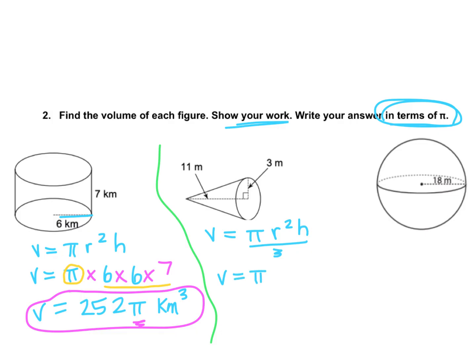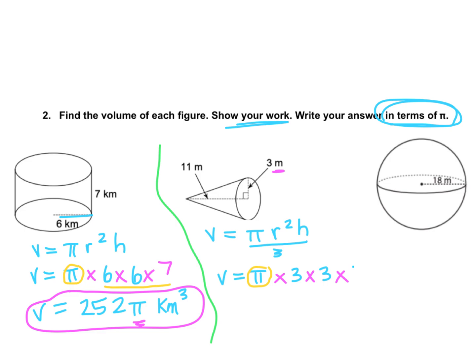Again, it's in terms of pi, so do not calculate your pi. Let's look at our shape here. Our radius is 3. And remember, you need 2 of those because it's radius squared. So 3 times 3.